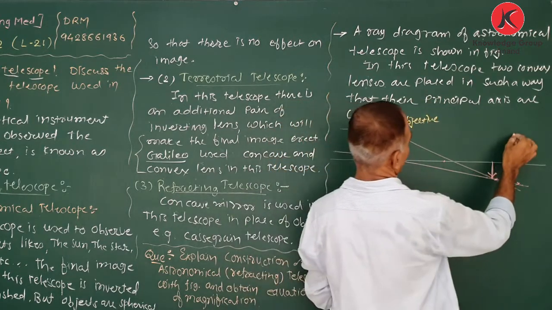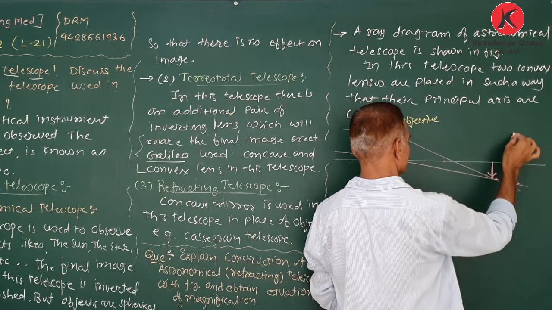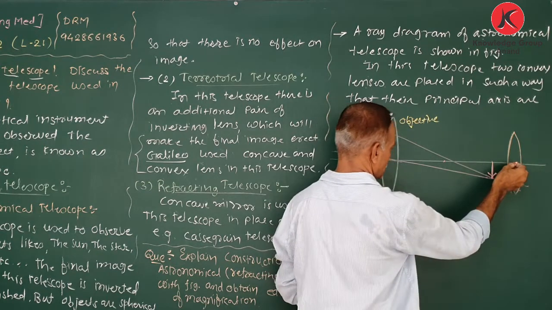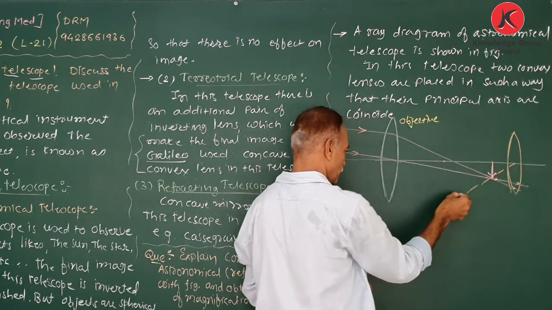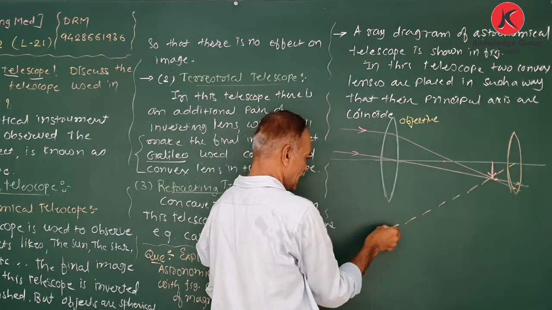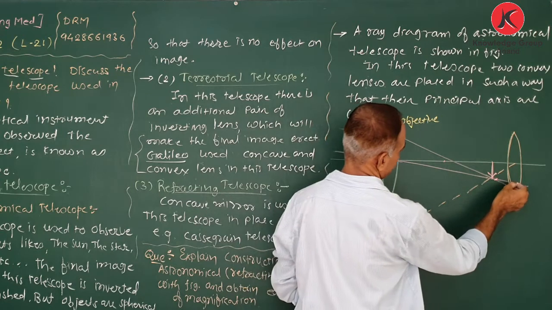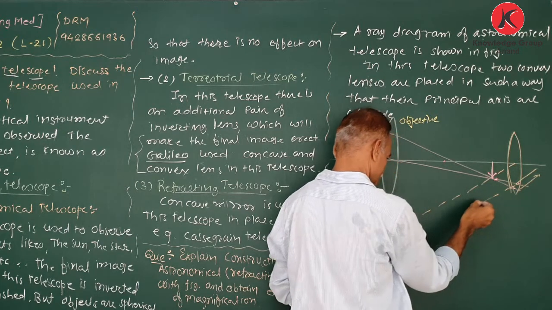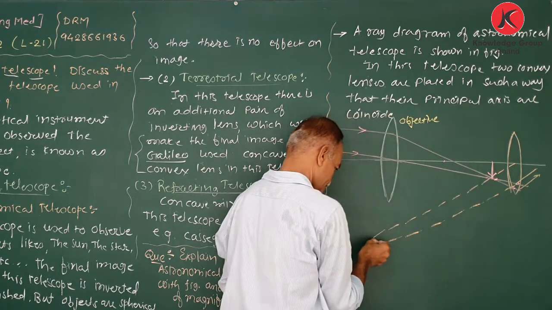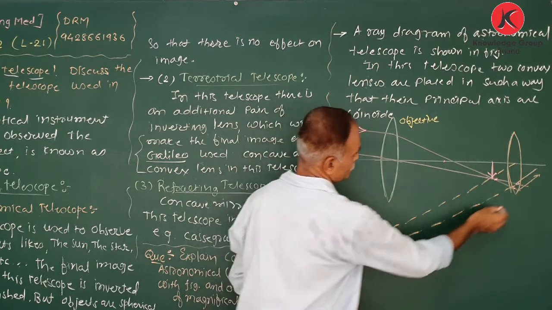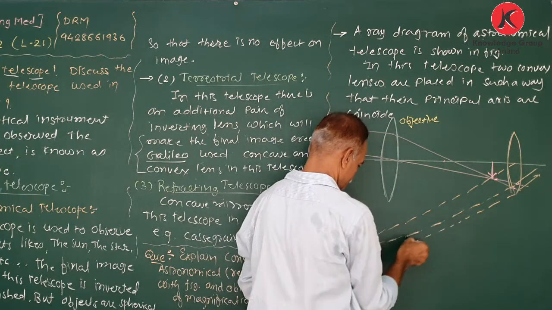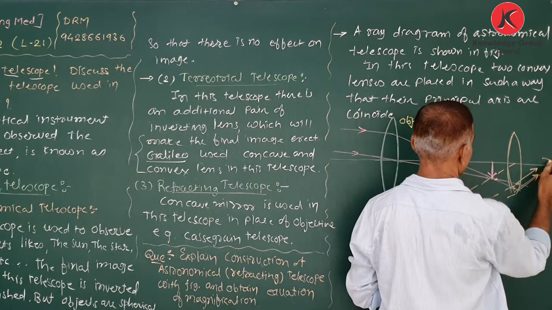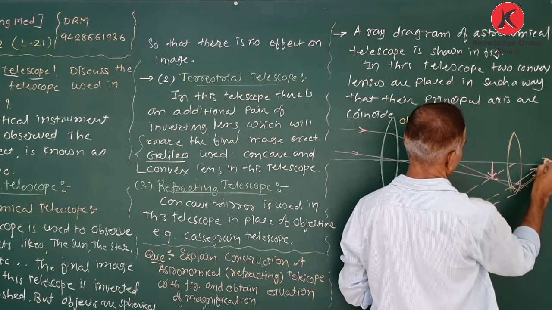Now here is the eyepiece, that is small in size compared to the objective. The final image formed by the eyepiece is at approximately infinite distance. So the final image is formed, and these rays enter the eye of a person.